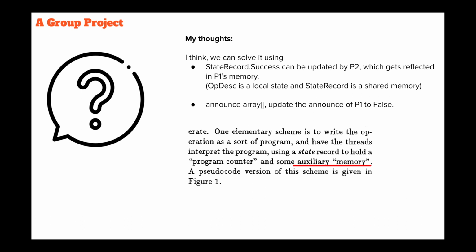From whatever is there in the paper, I think that's where the author brings in the auxiliary memory into the picture. My understanding is that the state record is a shared memory which is accessible by all the processes. So if Bob was to work on the login page, and Alice was the person who completed Bob's task, then Alice can mark that operation as success.